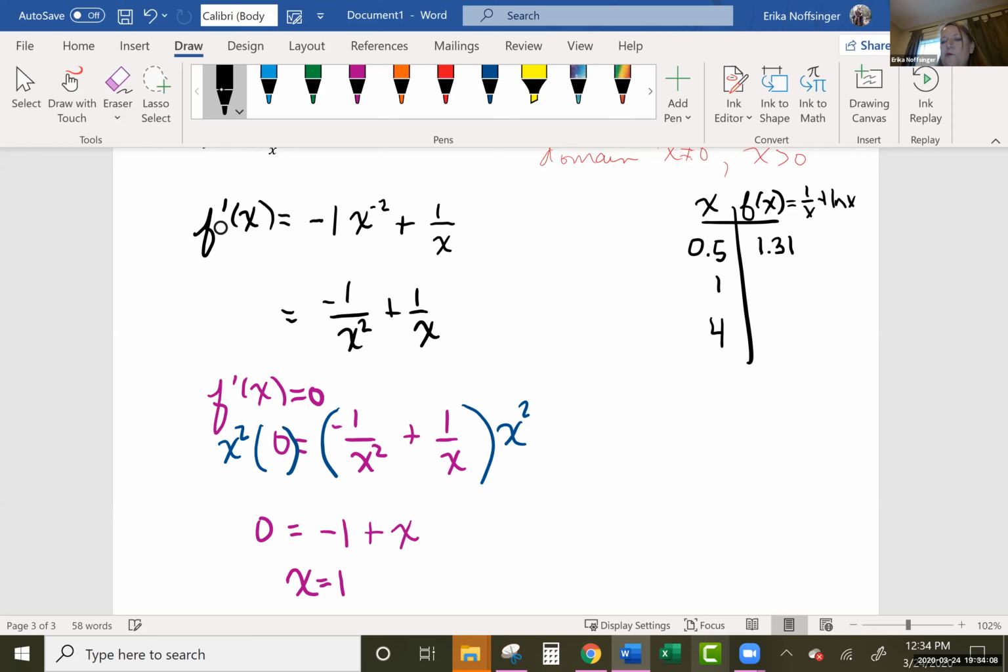If I plug in 1 wherever I saw an x, I get 1 over 1 is 1, plus the natural log of 1 is 0, and so that gives me a value of 1. If I plug in 4 wherever I see an x, I get 1 divided by 4, 0.25, plus the natural log of 4. Altogether, this gives me approximately 1.64.